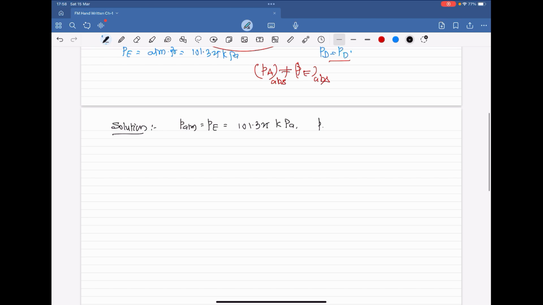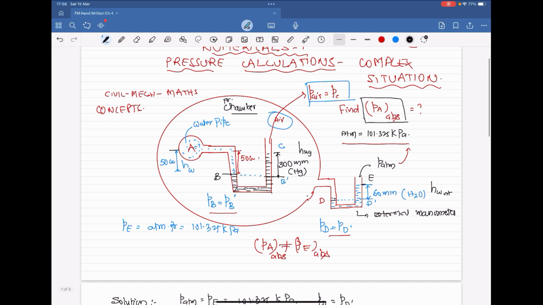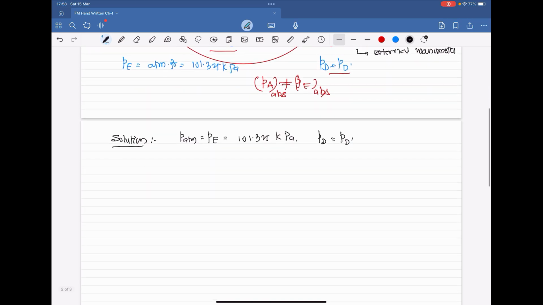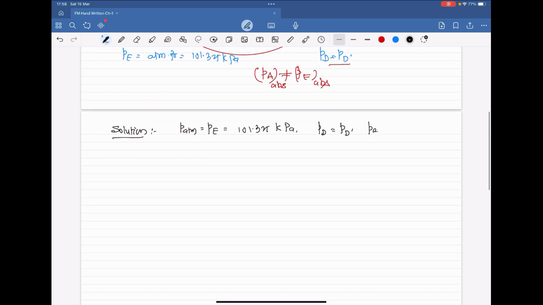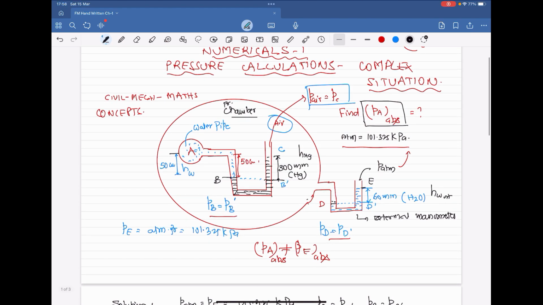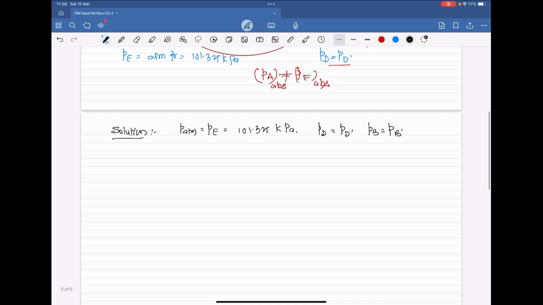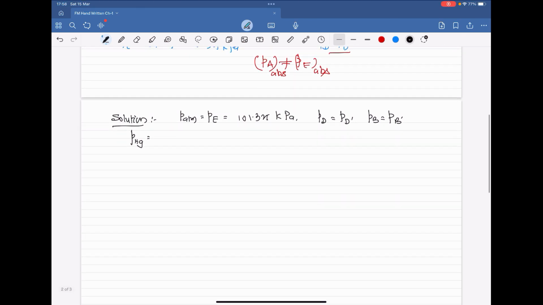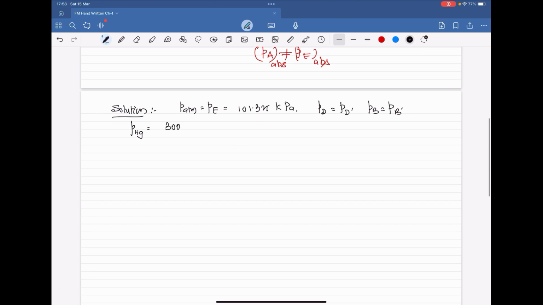It is not an assumption, it is PD equal to PD dash, that is the reality. PB is equal to PB dash, that is as per the laws of physics, and the height of mercury column for the inside manometer is equal to 300 mm, that is equal to 0.300 meter.